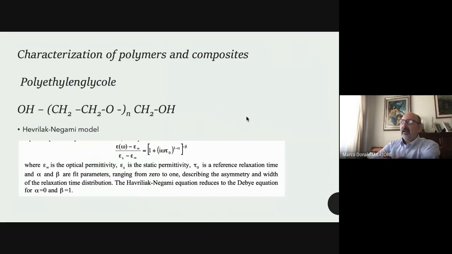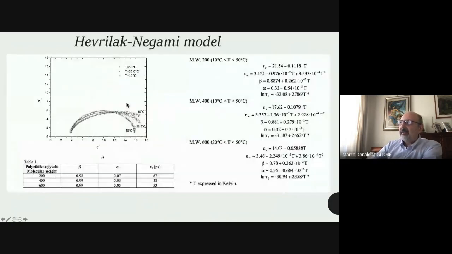This is just an example of how the calibration methods can be in some way optimized for our goal. We use the truncated coaxial cable for a lot of applications. This is, for example, the characterization of polymers and composites. This is the polyethylene glycol. And we reconstruct the dispersion law as a function of the molecular weight and as a function of the temperature.